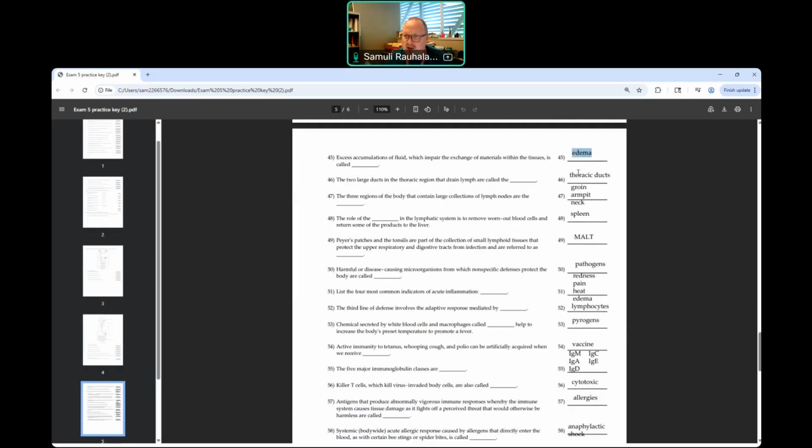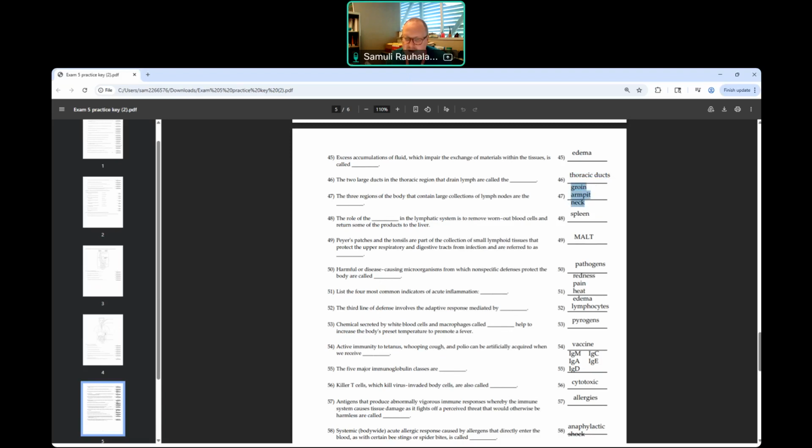Thoracic duct was this prominent duct running at the back of the thoracic cavity. We saw lymph nodes in great numbers at the groin, so inguinal, armpit, so axillary, and neck, so cervical region.